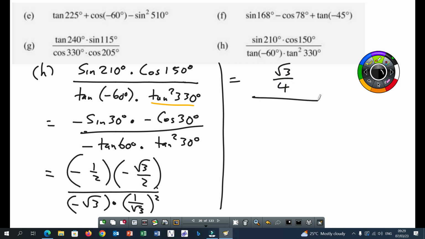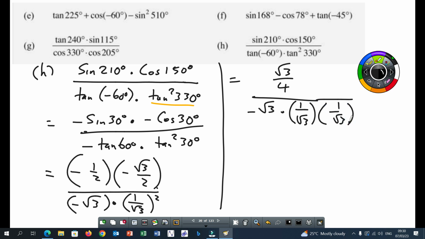Now, here, if I square, I'm going to get 1 over 3. So I'm going to get negative square root of 3 times 1 over square root of 3 times 1 over square root of 3.